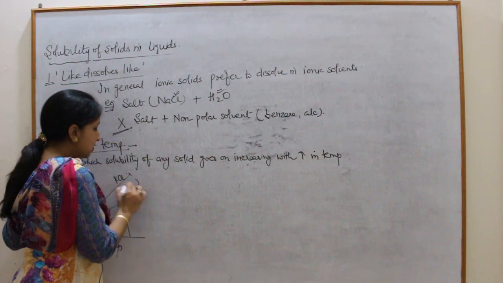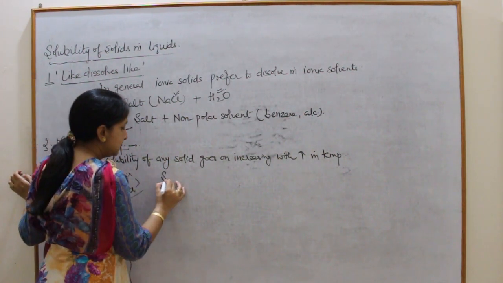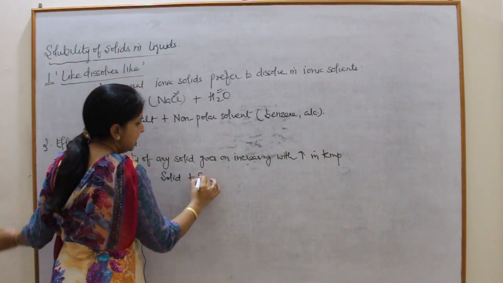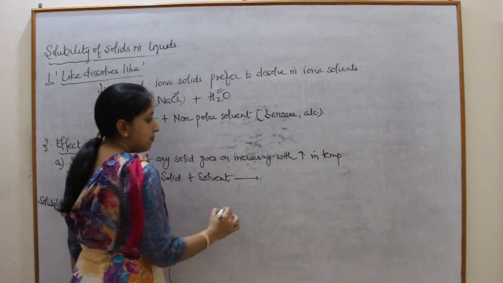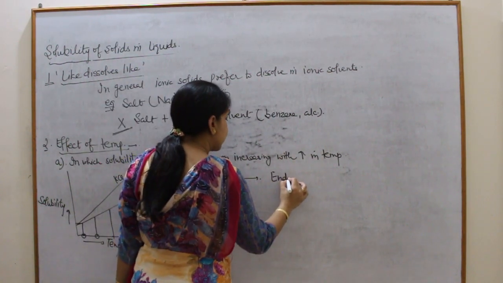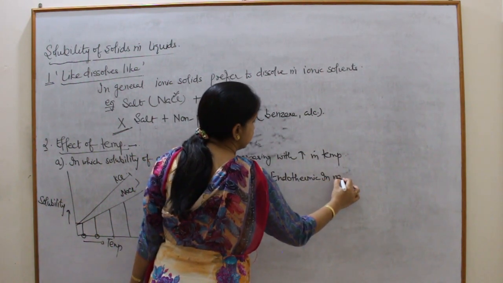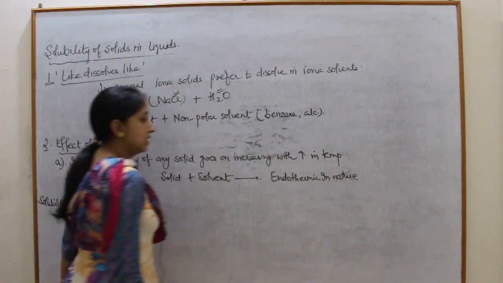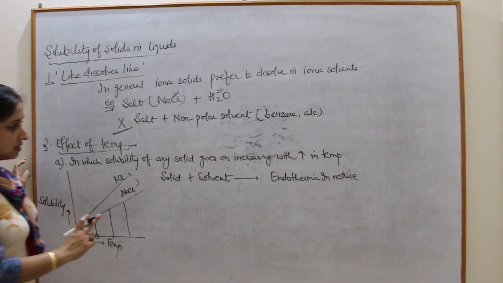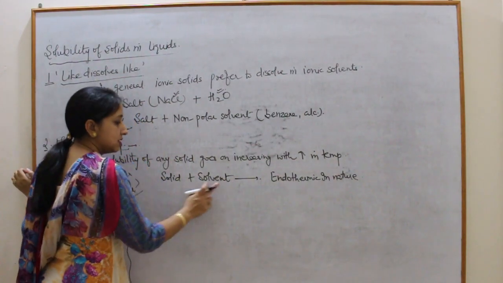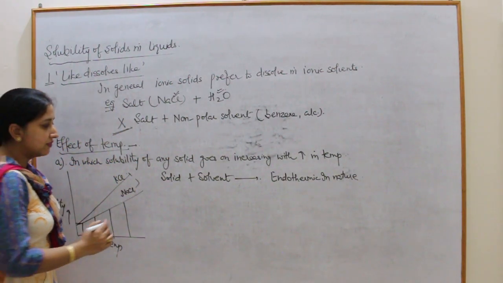So these types of solids when react with solvent, the process is endothermic in nature. So what are endothermic and exothermic reactions? These we have discussed in the +1 class. Endothermic means these types of reactions occur with the absorption of heat.